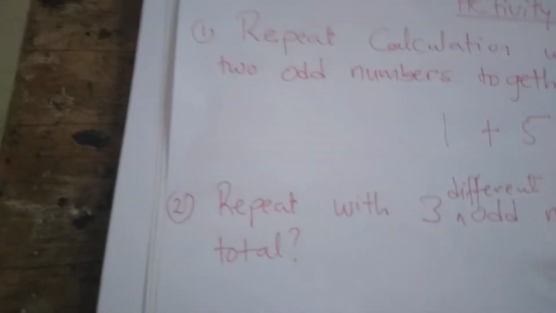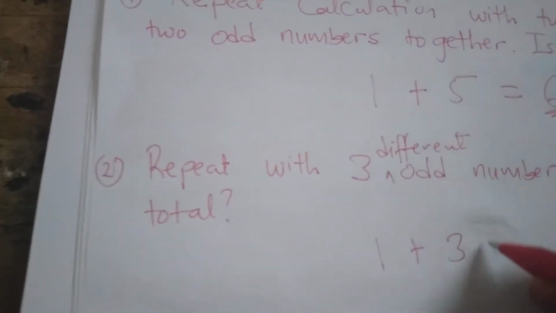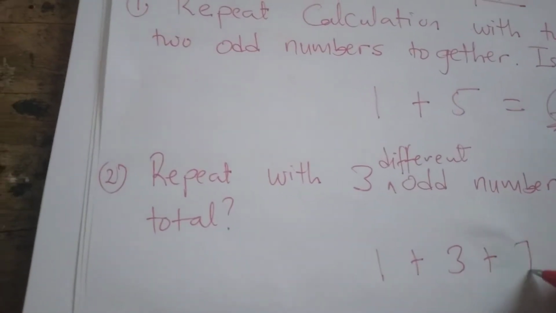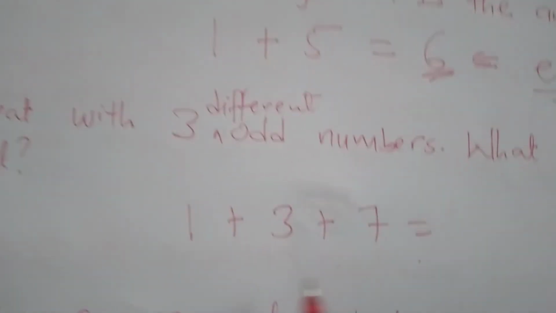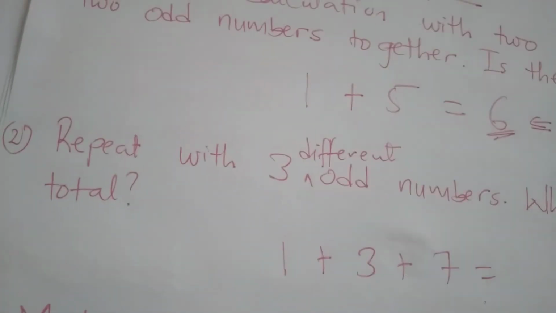What happens to the total? So, 3 different odd numbers. I'm going to say 1 plus 3 plus 7. These are all odd numbers. So let's add them. 7 plus 3 is obviously 10, plus 1, 11. So the answer is 11.